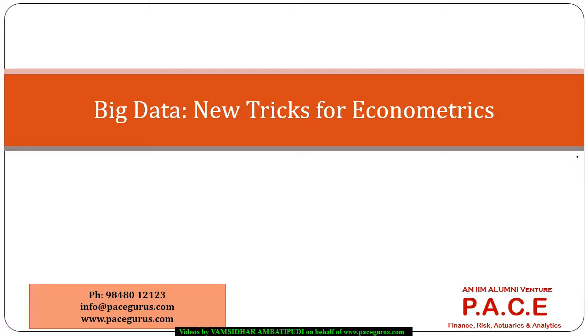Hello everyone. Today I want to talk about this particular topic, big data, new tricks for econometrics. This is purely based on an article which is prescribed by GARP for the FRM Part 2 exam under the current issues segment for the 2018 exam.